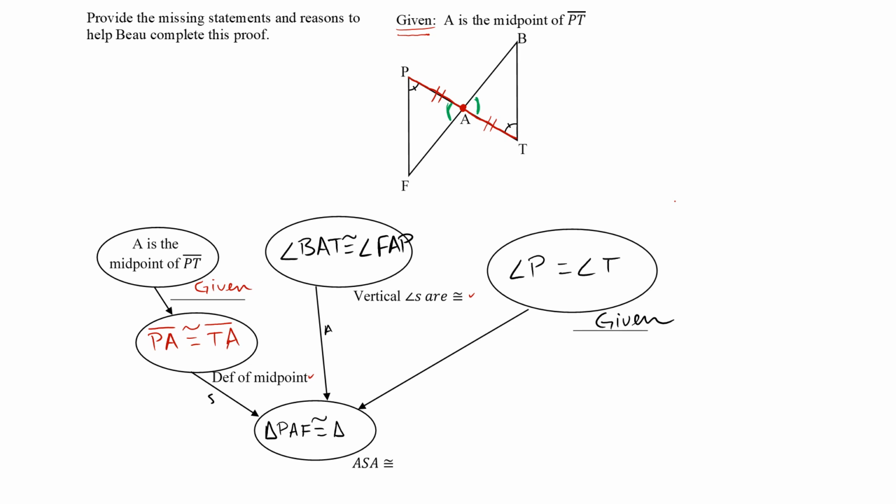So if I go P to A to F, I'm going to have to say triangle TAB. So that is the completion of this proof. I've got all my statements and reasons from a traditional two-column proof, plus I see how certain things are requisite, they're necessary for me to say later statements.